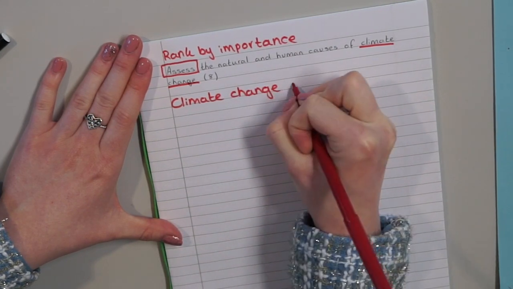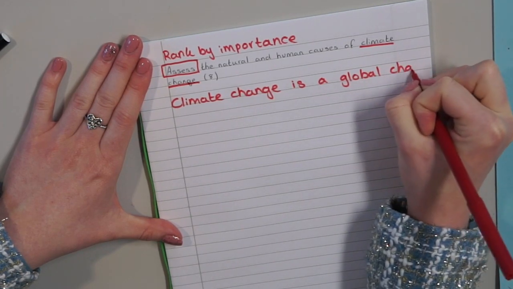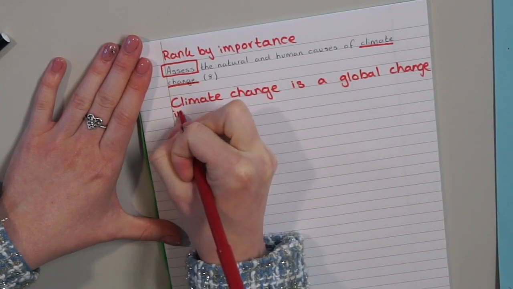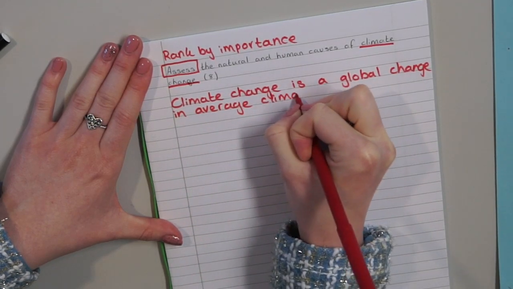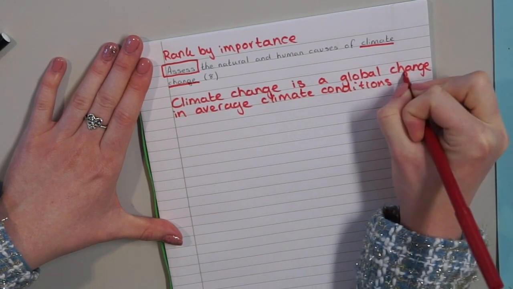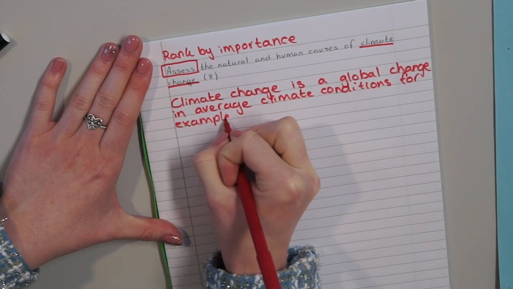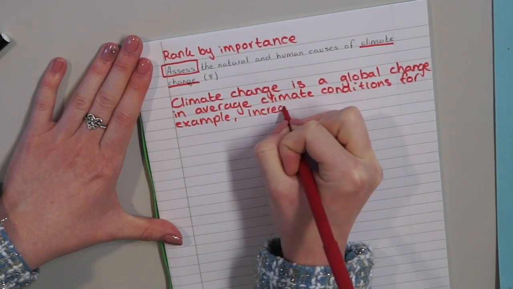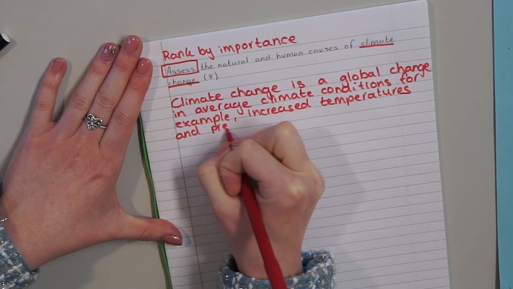So climate change is a global change in average climate conditions. For example, increased temperatures and precipitation.